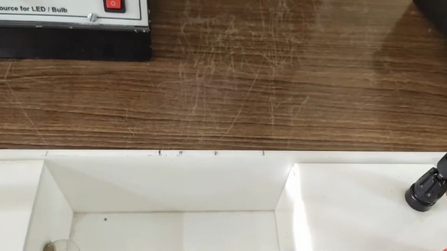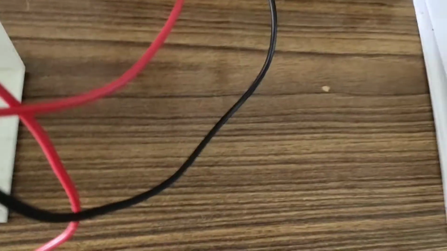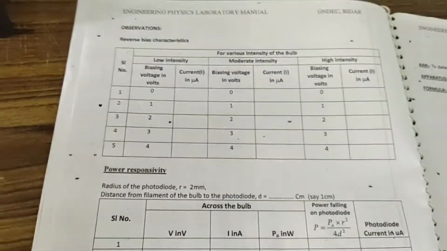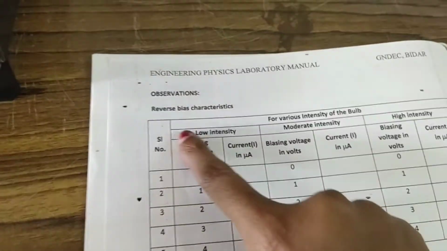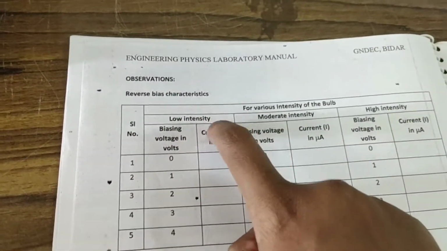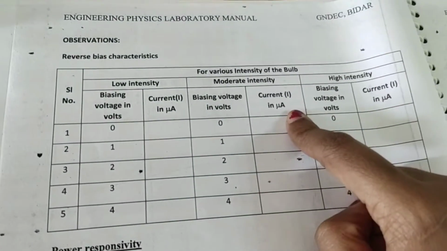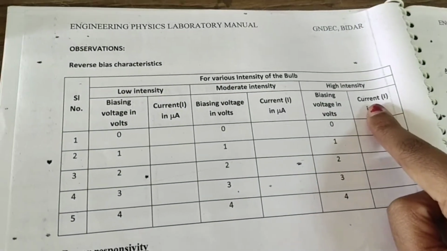So now we are going to see how to take the readings. First of all, we are going to see the tabular column. Here there are 2 tabular columns. The first one is the reverse bias characteristics. In this, we are going to see the low intensity, moderate intensity and high intensity.